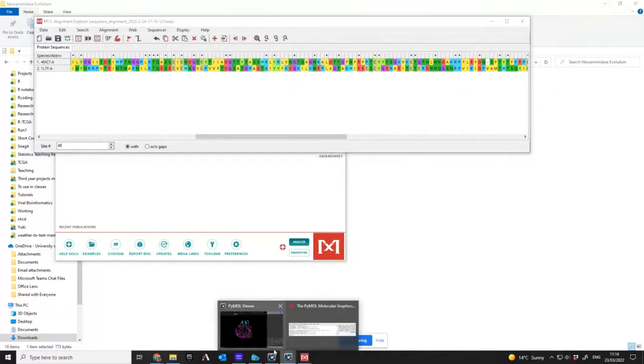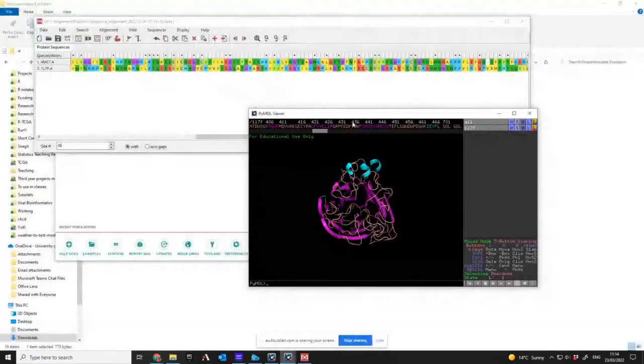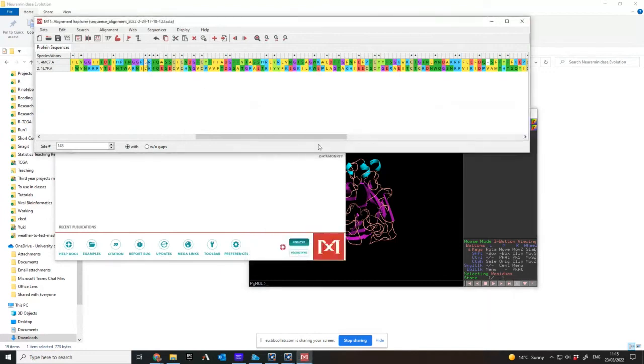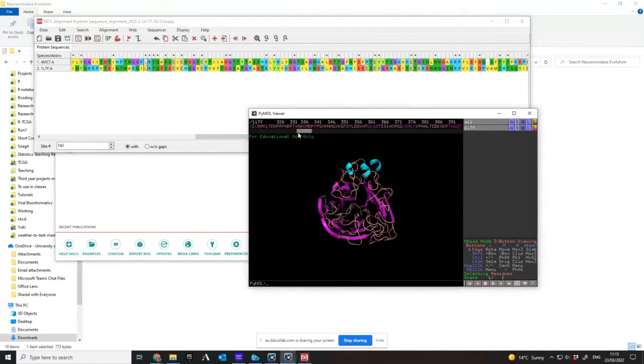So I go back to my protein here. I've got to find where they are. So I'm looking for the pattern LRTQ, whatever. It's a bit difficult with the different colouring. Actually, what numbers are they? 143. So let's go to something around 143.